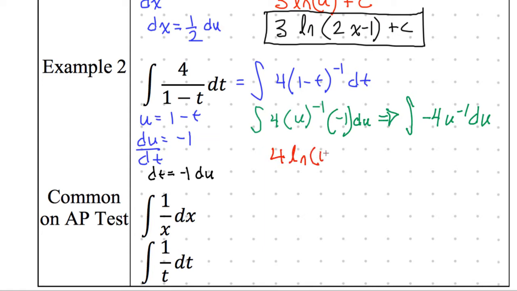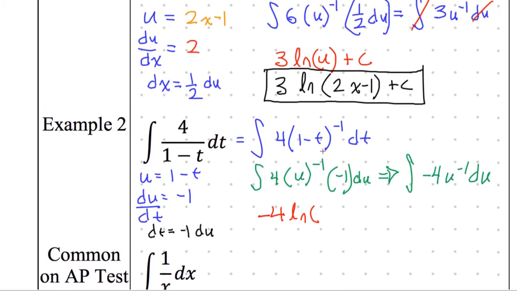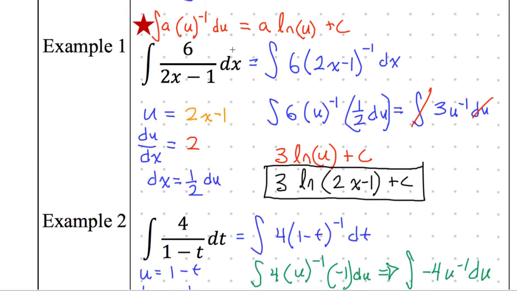It's negative, wouldn't it be? du goes away, but you still have negative 1, right? Wouldn't it be positive? Because you're multiplying negative 1 to negative 4. So you're actually not doing any multiplication. You're just using this rule where the a stays the same.